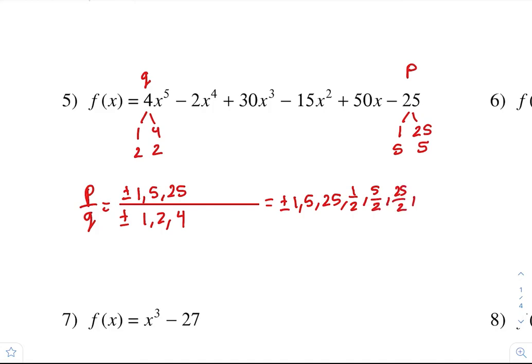And then we got to do 1 over 4, 5 over 4, and 25 over 4. So at any point it gives you duplicates, meaning if you already had 2 and then there was another one that was 4 over 2, you don't need to include two 2's at the same time. You know 4 over 2 is 2, so you don't need to include that.